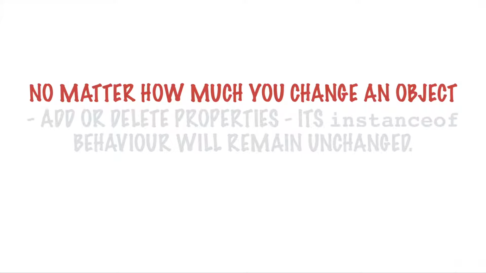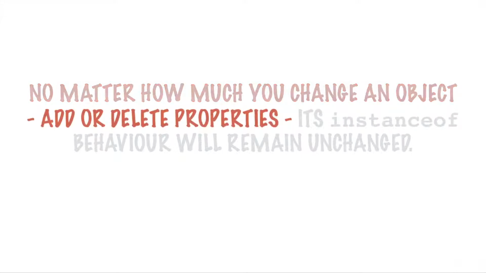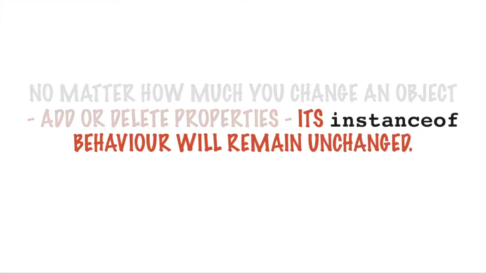You've changed the object. Let's say you add function properties, or you remove existing properties which are defined in the Rectangle constructor. Even then, instanceof for that object will say true when you say instanceof Rectangle.